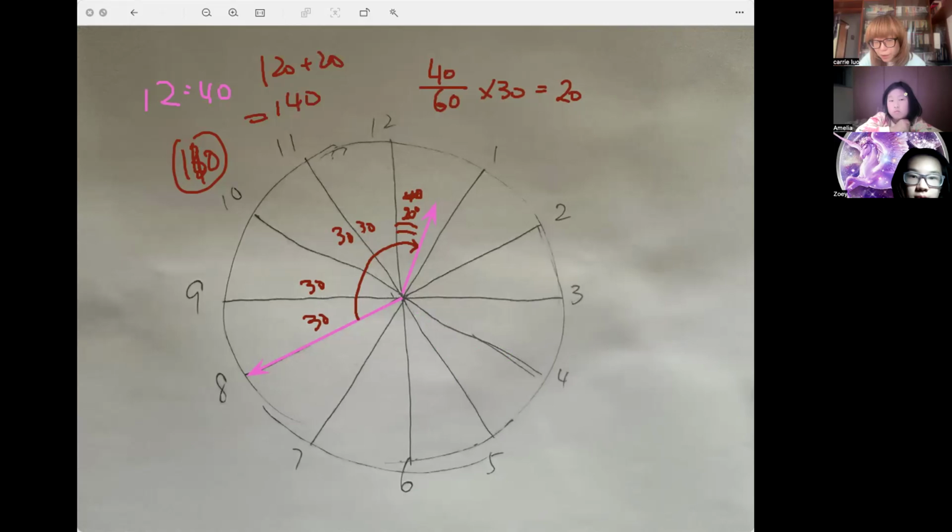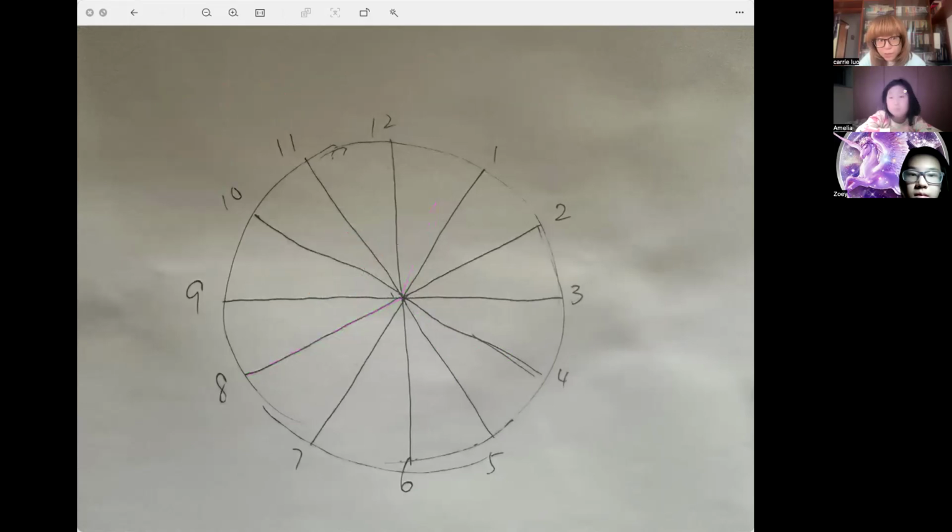Are you clear? Okay, let's do another one. I'm going to do 5:40. So first of all, Amelia, you're going to put the minute hand onto where? Onto 8. Pointing at 8. Very good.